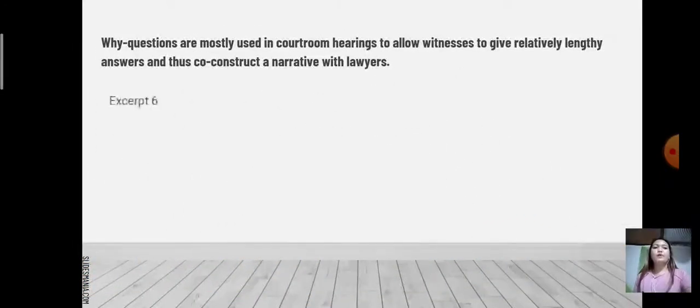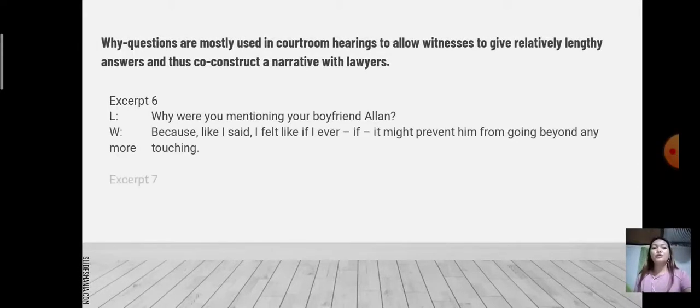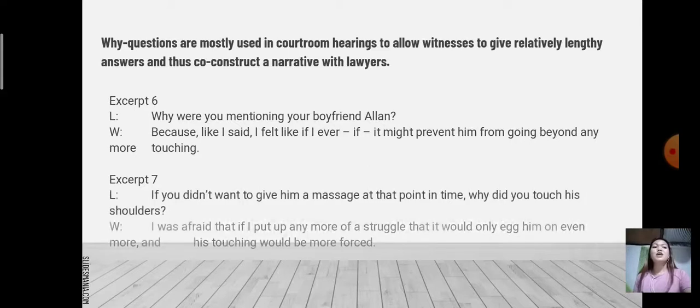So why are why questions mostly used in courtroom hearings? To allow witnesses to give relatively lengthy answers and thus co-construct a narrative with lawyers. So instead of just asking, do you, or are you, and the witness giving the answer yes or no, the lawyers mostly use why questions so that the witness may have time to construct a narrative, to tell the story.